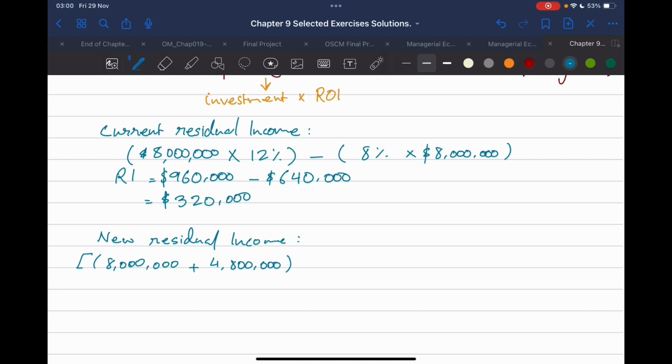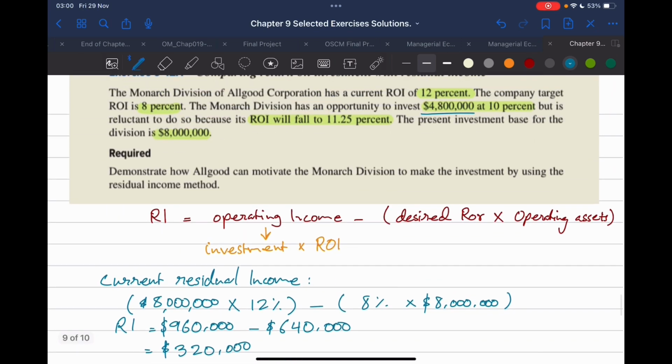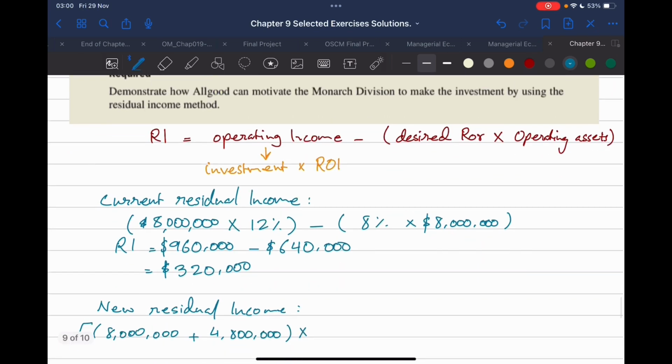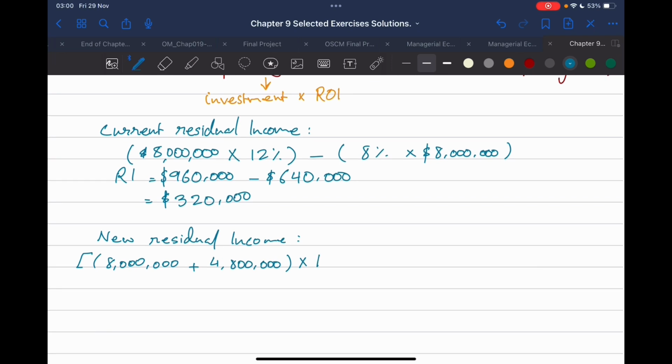However, now the return on investment is going to drop down to 11.25%, so that is what we're going to use right here.